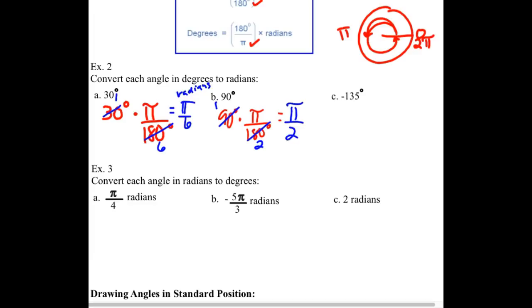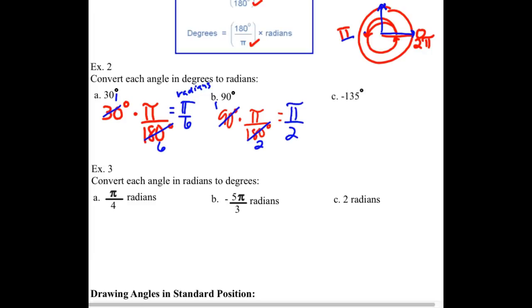Okay. Now, picture 90 degrees on your circle. If this is my initial side, where would 90 degrees be? Straight vertical? Yes? Well, if this is pi all the way over to here, what would this be? Half of that? So does it make sense that 90 degrees is half of pi?